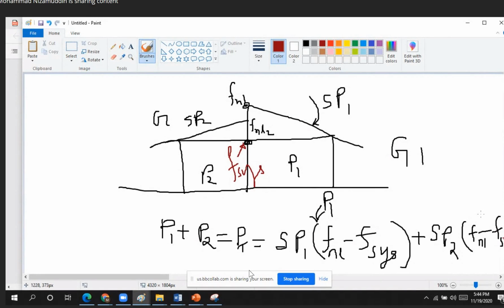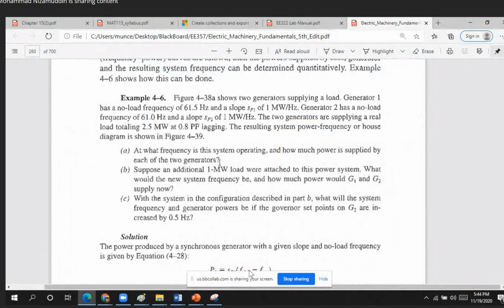You plug in all the values. SP1 is given, F no-load 1 is given, F no-load 2 is given, SP2 is given. The only thing is the total power, which is given by the bus bar. So you can find F system, and once you find F system, you can find P1 and P2 separately. That's what the whole thing is asking.